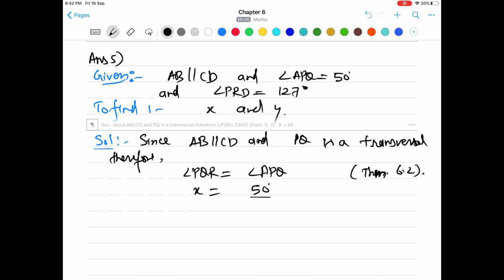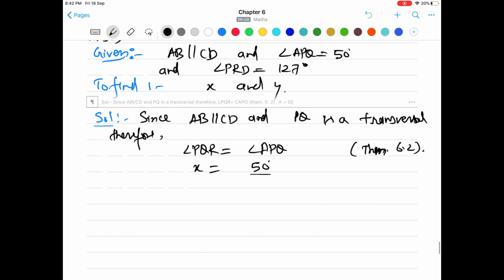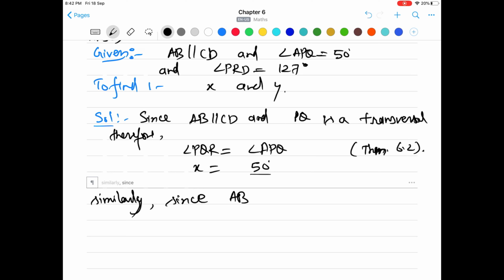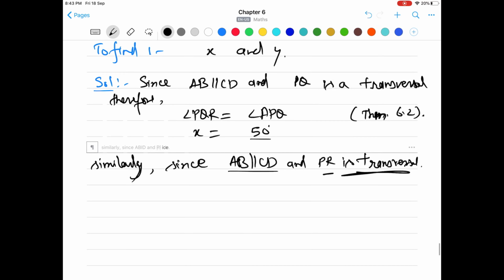Okay, now moving ahead, similarly, since AB is parallel to CD and PR is a transversal. Every time you have to write the name of the parallel lines and the name of the transversal.